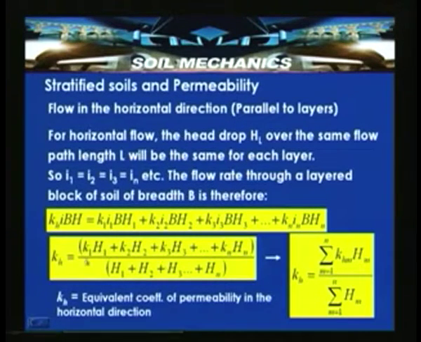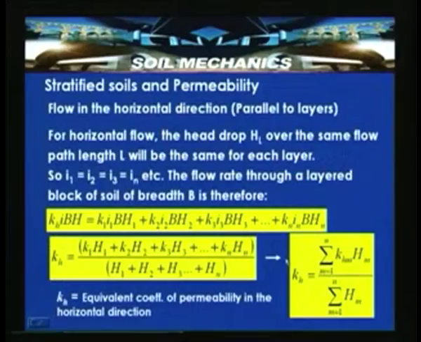So the summation of the thickness of each layer multiplied by its respective coefficient of permeability, divided by the total thickness, gives the equivalent coefficient of permeability of all the layers in the horizontal direction, that is, in the direction of the flow.